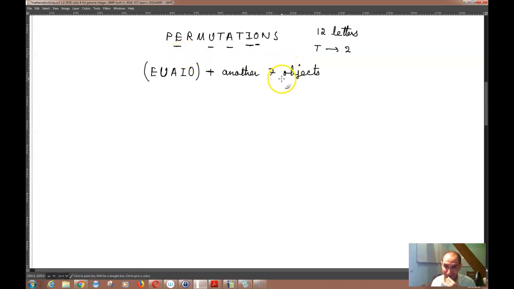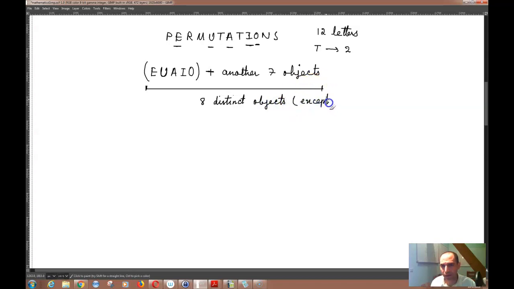So now you can think of all of these objects as 8 distinct objects, except that T appears twice.